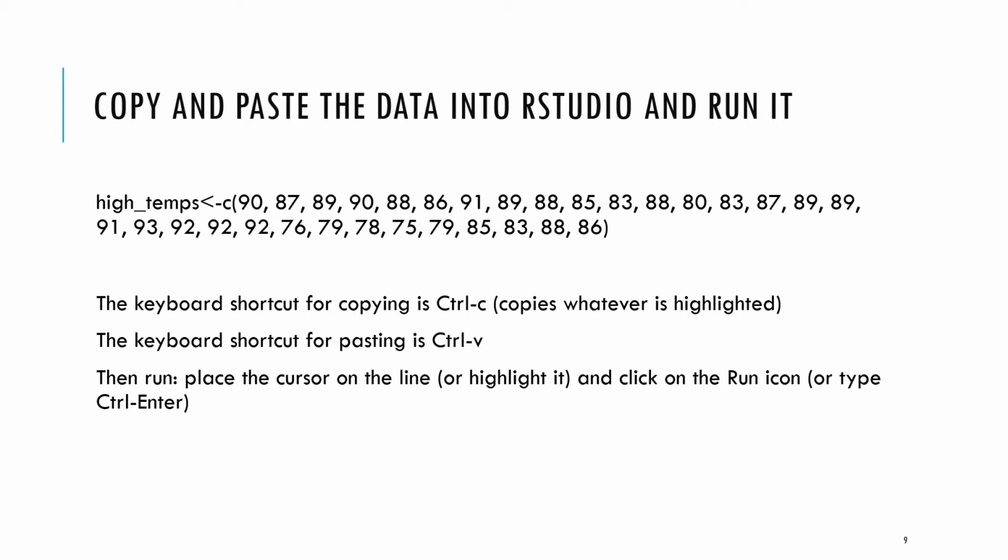So we're going to copy this vector data from this presentation and then paste it over into our script. You can use right-click functions, or you can also use keyboard shortcuts. The standard keyboard shortcut for copying is Control-C, copying whatever was highlighted. And the standard keyboard shortcut for pasting is Control-V, and then you can run that one line of code by highlighting it and clicking the run icon at the top.